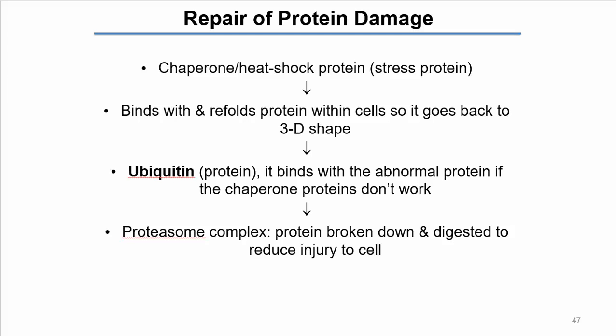Now, if the protein amino acids are all put together properly, but the protein is misfolded because of stressors, because of pH imbalances, or because of whatever, then that protein either needs to be refolded properly into its proper 3D shape, or it has to be removed. If it builds up, then the cell will die.